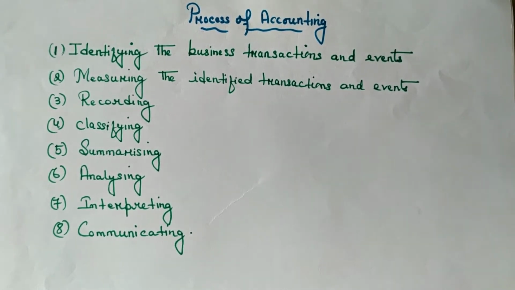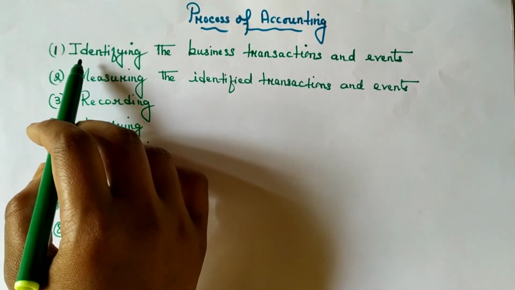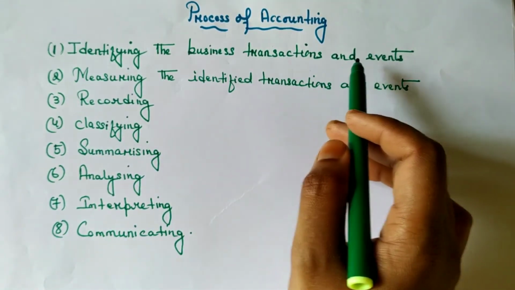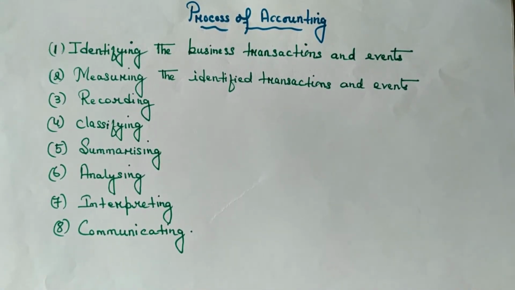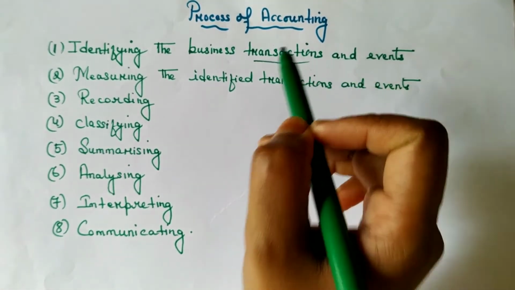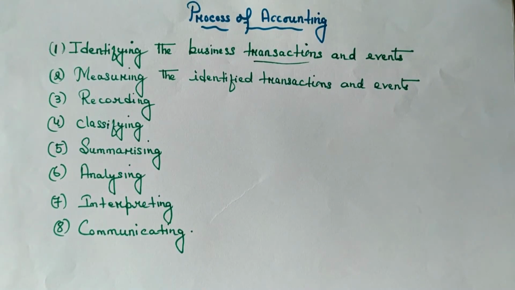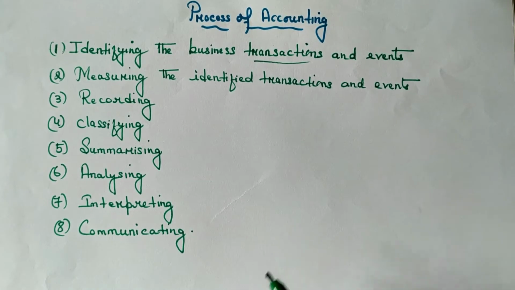The first step in accounting process is identifying the business transactions and events. Accounting identifies transactions and events of a specific entity. Now, what is transactions? Well, transaction is an exchange in which each participant receives or sacrifices value.